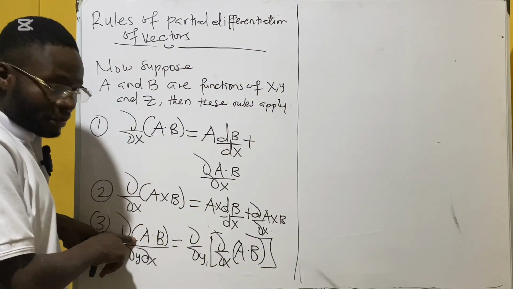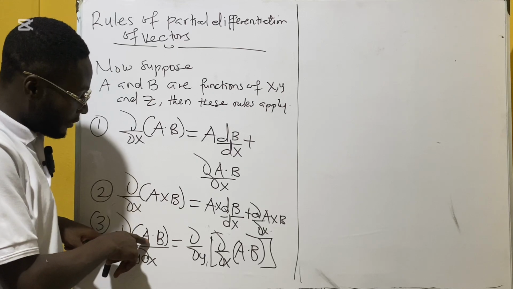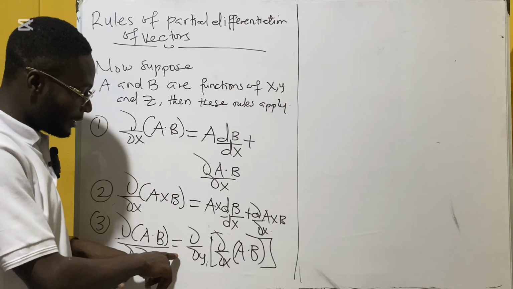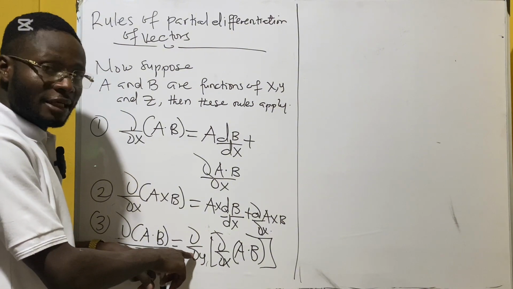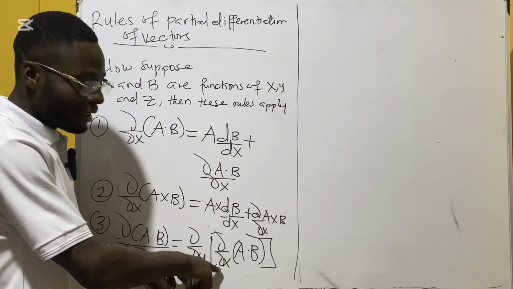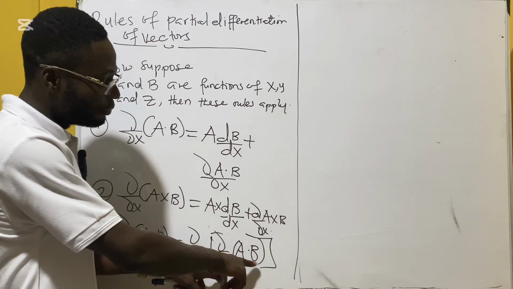So partial d of A dot B with respect to dy dx is equal to partial d/dy of partial d/dx of A dot B.